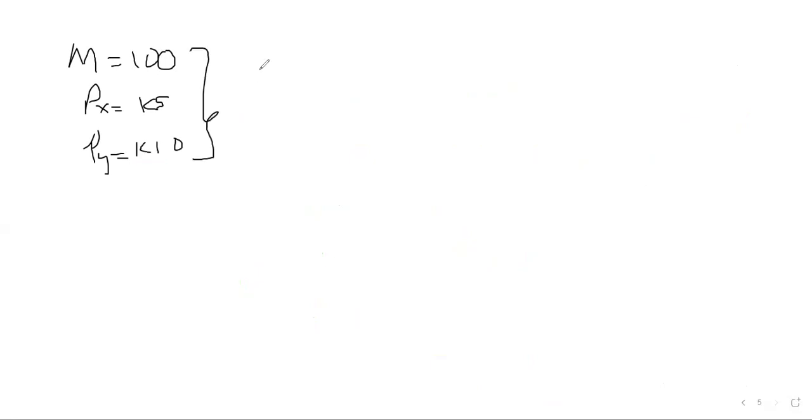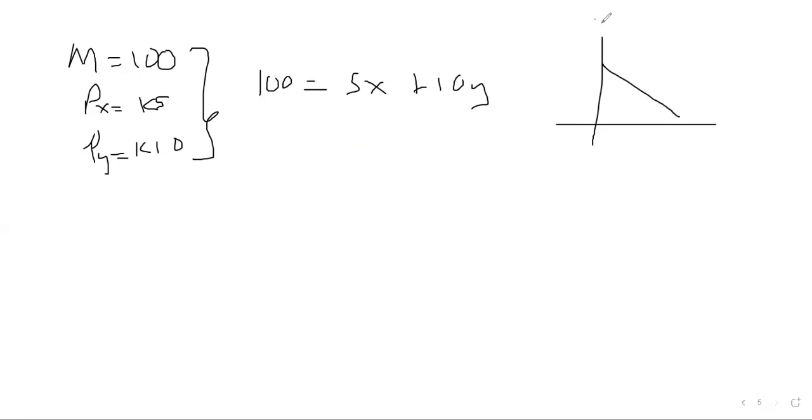So our budget equation is 100 = 5x + 10y. What happens in this instance? Dividing 100 by 5, we get 20. Dividing 100 by 10, we get 10. So it's cutting the y axis at 10 and the x axis at 20. This is the original perspective.